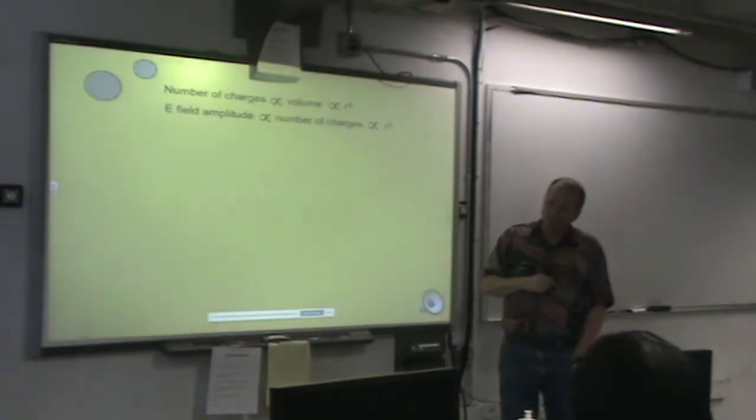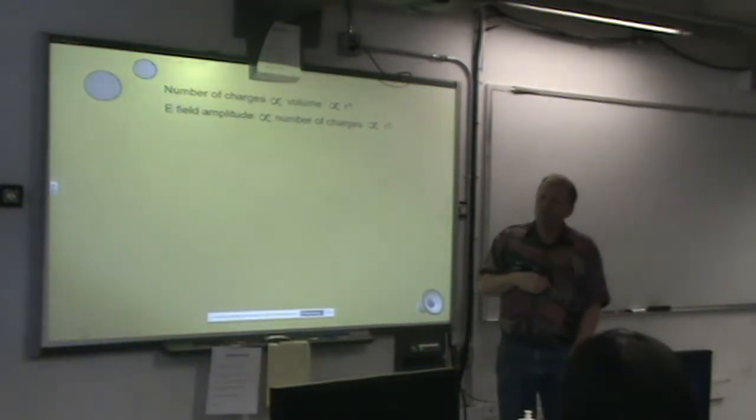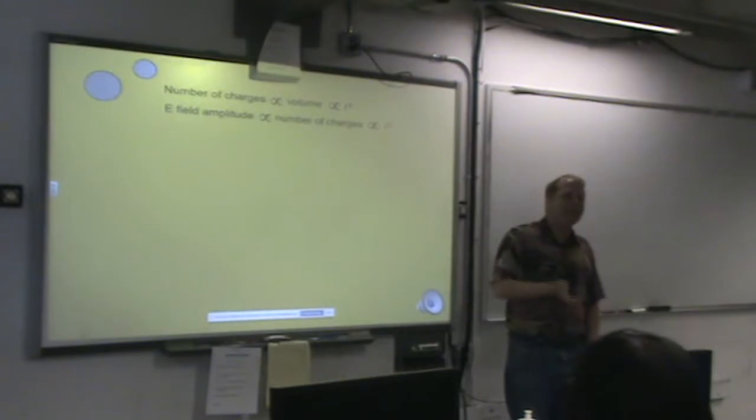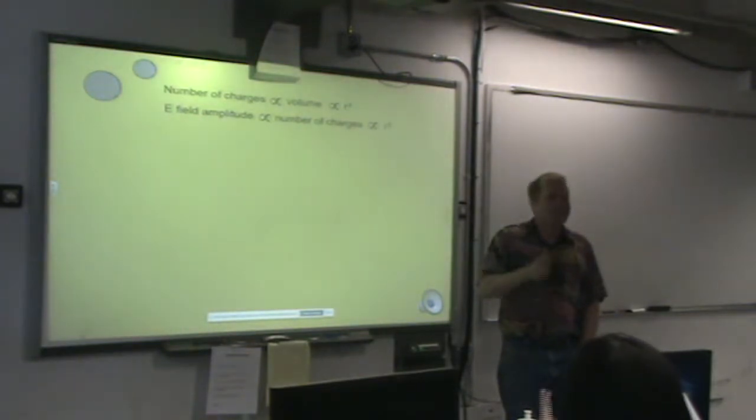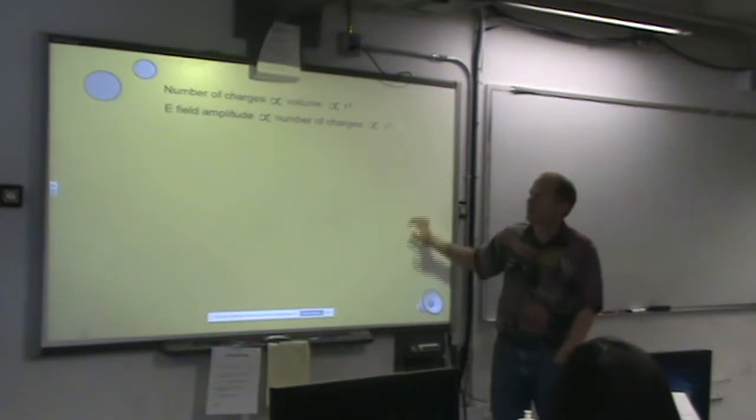However, if you remember your physics, what we're talking about here is the energy, not the electric field force. The energy of an electric field, does anybody remember how energy goes with the electric field wave? It's a square, the amplitude squared.